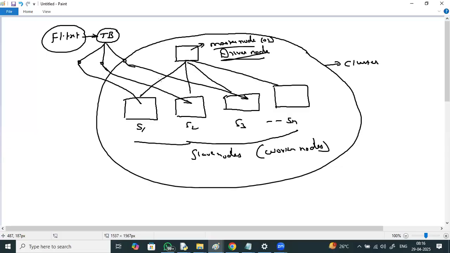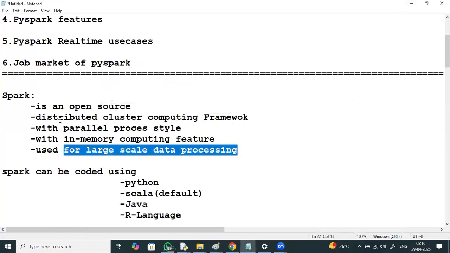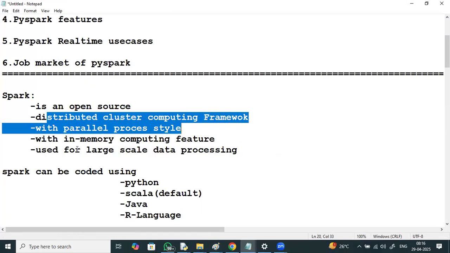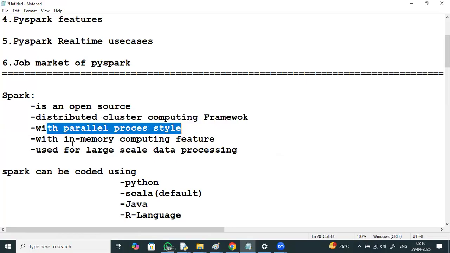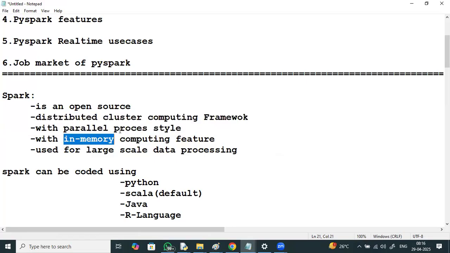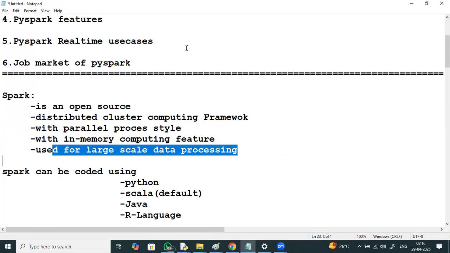RAM level processing will be very fast as compared to disk level processing. That's the reason. So Spark is a distributed execution framework with parallel processing style, with in-memory storage and processing, used for large scale data processing.